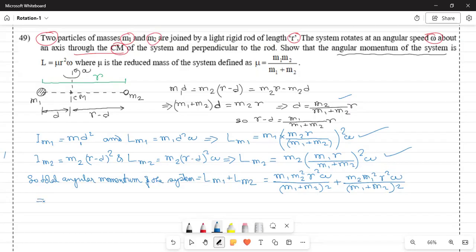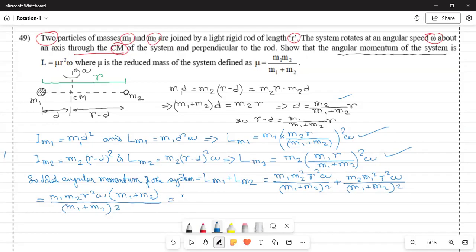So if we take M1 M2 r square omega common, then in the numerator we shall have M1 plus M2. So this is equal to M1 M2 r square omega common, we shall have M1 plus M2 divided by M1 plus M2 whole square.